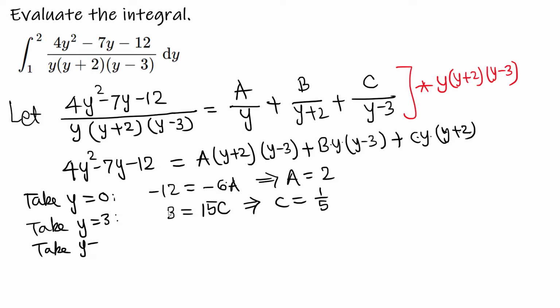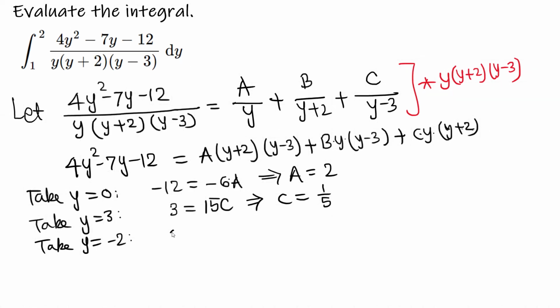And finally we can take any other number other than 0 and 3. Since we already know a and c, we can find b. But look at here, y plus 2. How about choosing negative 2? That makes the left hand side: plug in negative 2 and use your calculator. 4 times negative 2 squared, minus 7 times negative 2, minus 12. That comes out to be 18.